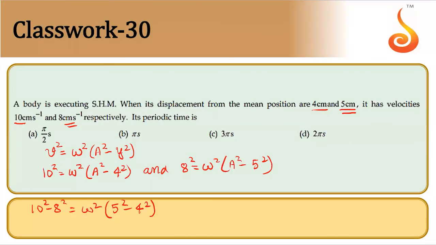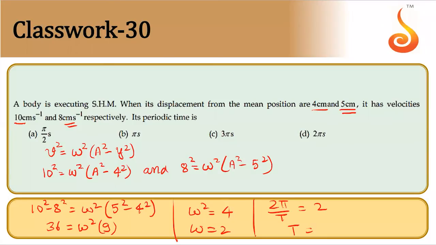So omega square a square gets cancelled, and it will be omega square into (5 square minus 4 square). Now 10 square is 100, 100 minus 64 is 36, which equals omega square into 9. So omega square is equal to 4, omega is equal to 2. So 2 pi by T is equal to 2, so T is equal to pi seconds. That is option B.